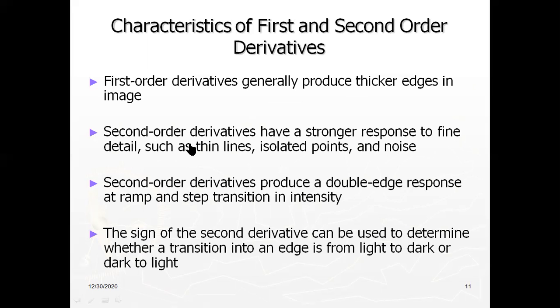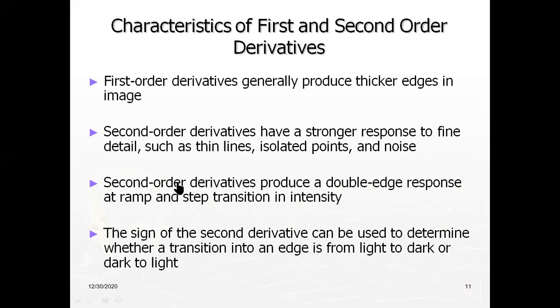The second order derivatives have a stronger response to finer details. If you have very minute details, such as thin lines, isolated points, and noise, the second order derivatives produce good results.